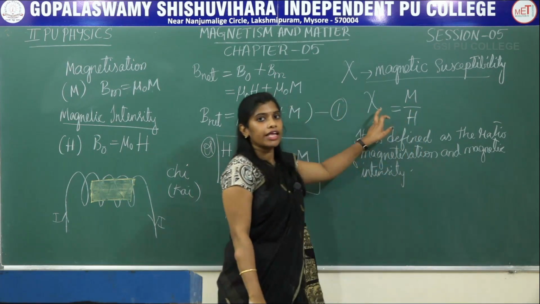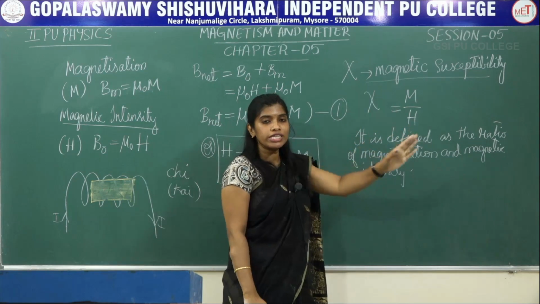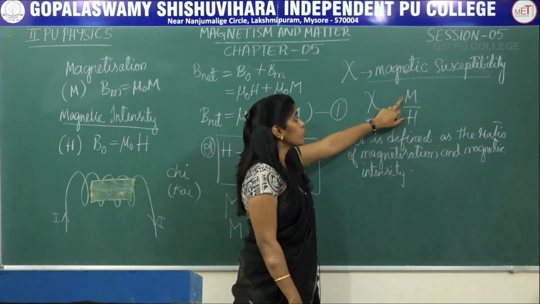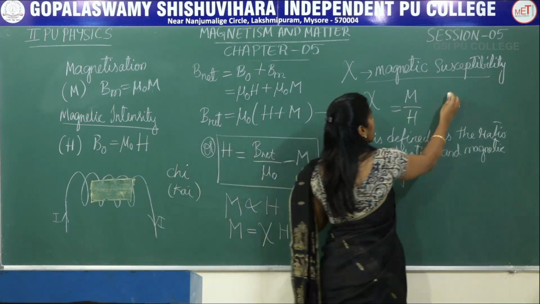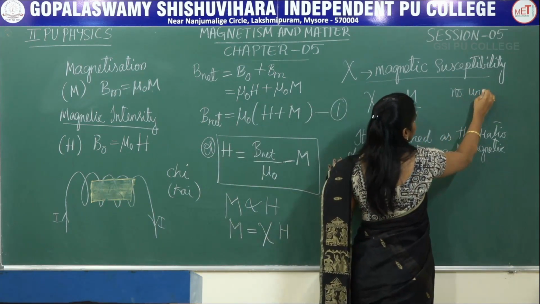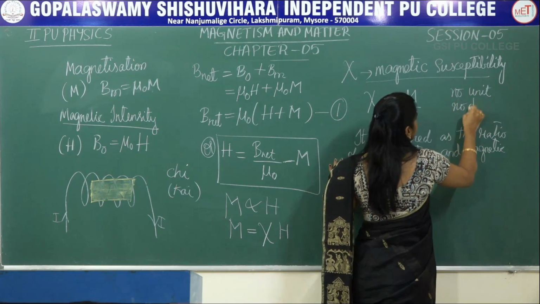And this chi doesn't have any units and dimension because the units and dimensions of m and H are the same. Therefore, chi has no unit and no dimension.